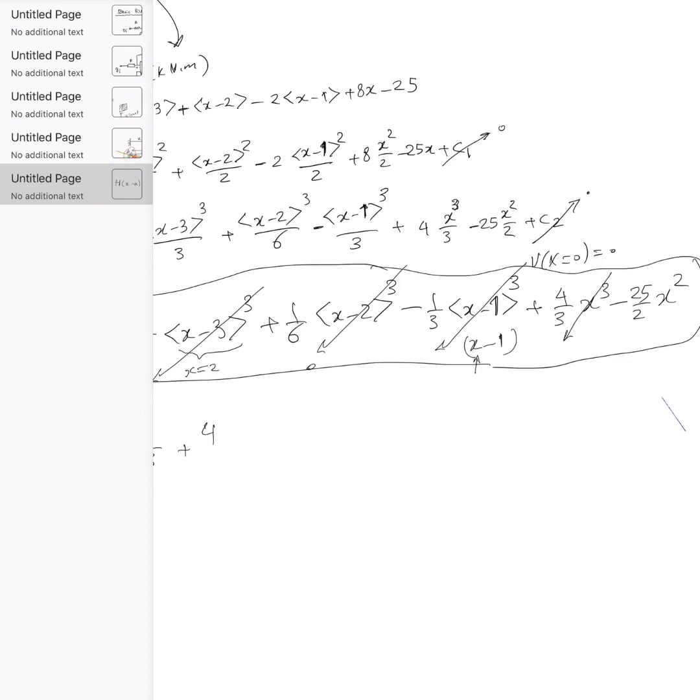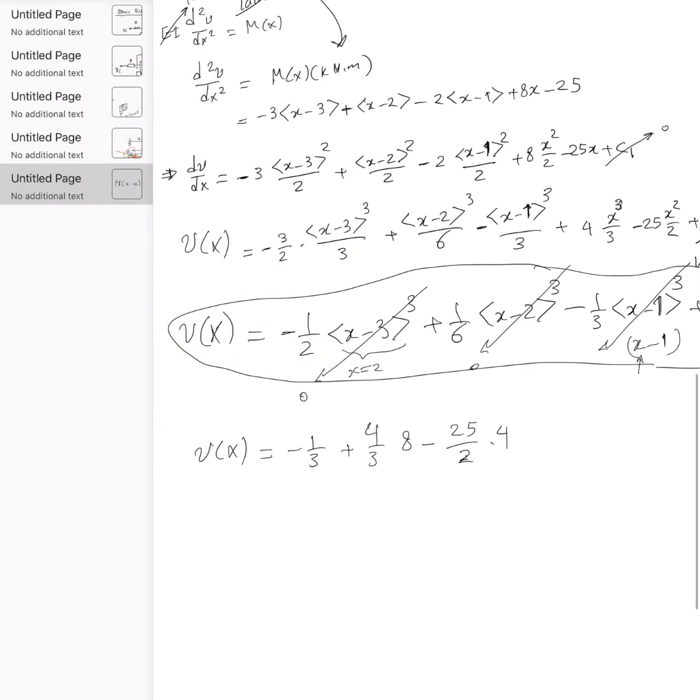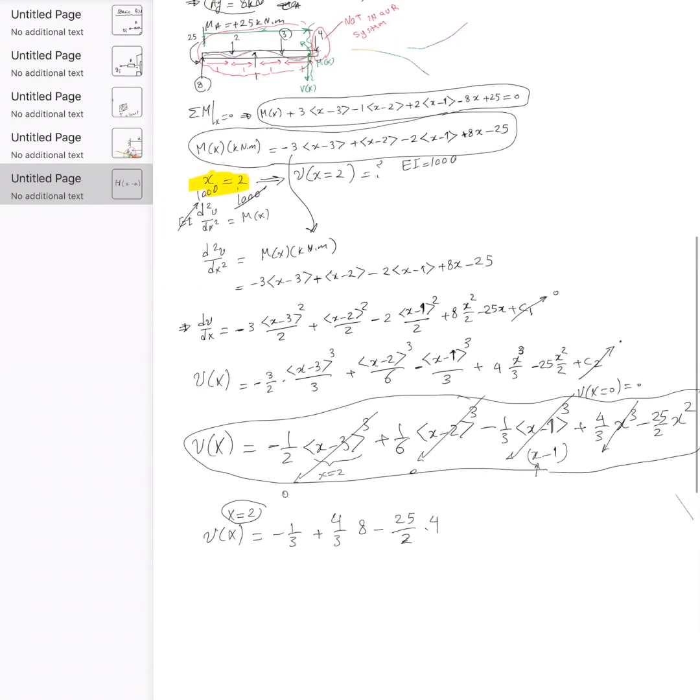So you get 4/3, 2 to the 3rd power, which is 8, negative, put again 2 there, 25/2, and if you put 2 there, it becomes 4 times 4. So that's your deflection at point x is equal to 2. Look at this. It's less than a page.